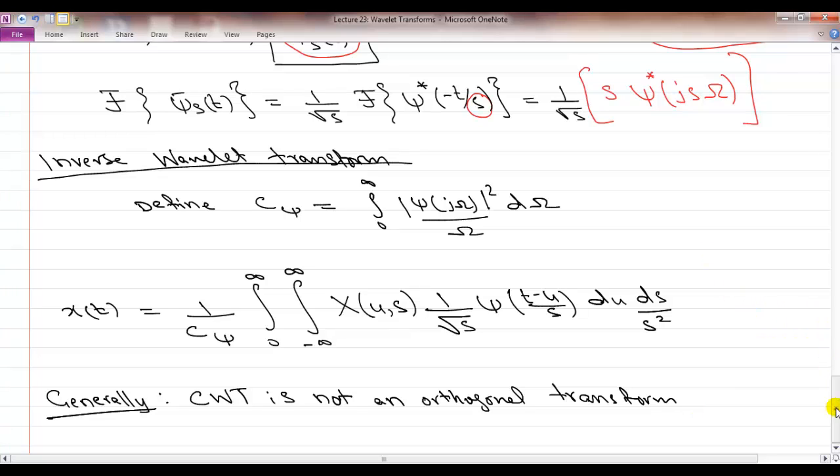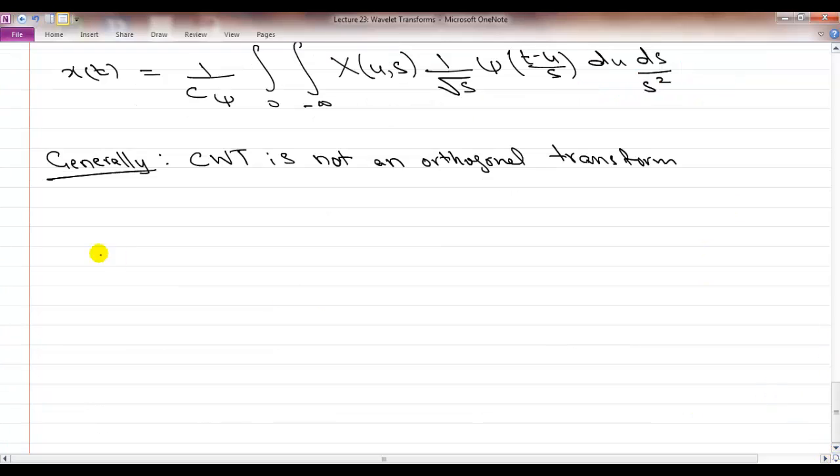So say we stop at scale s equal to s naught. We started with s equal to 0 and we have gone up to s naught.